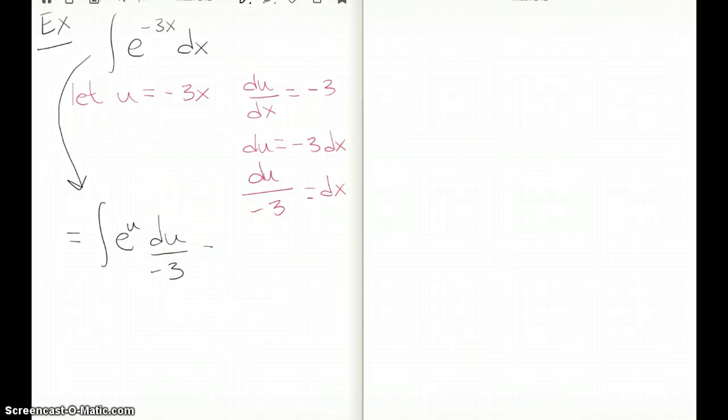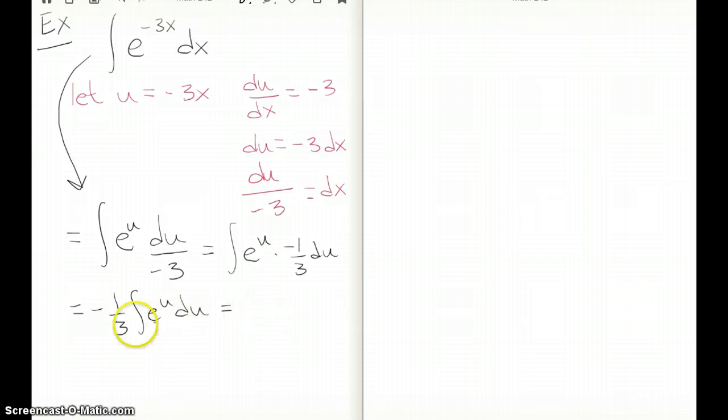Remember that this negative 3 living down here could be rewritten as times negative 1/3 du, because du over negative 3 is the same thing as negative 1/3 du. But this emphasizes that this fraction can be brought out front of this integral as a negative 1/3, and this is then the integral of e to the u du.